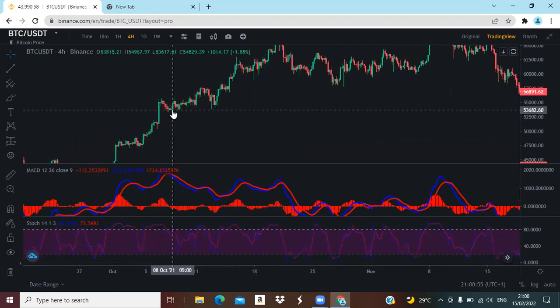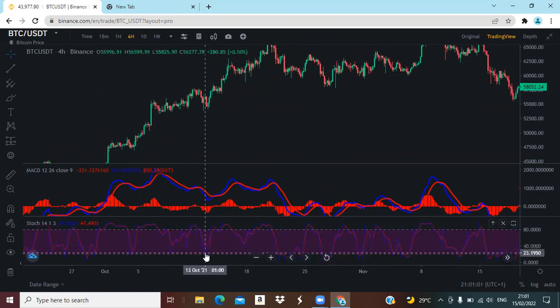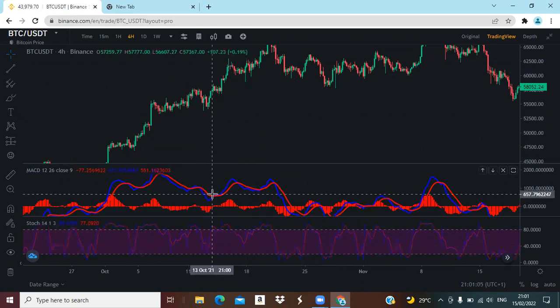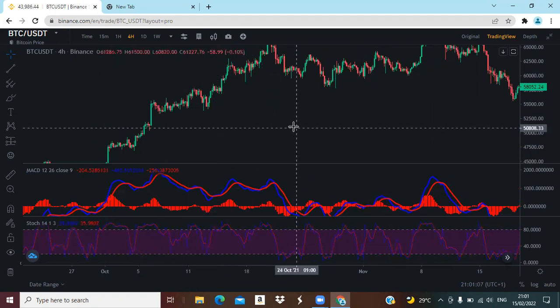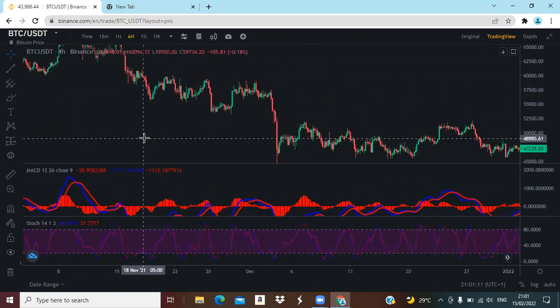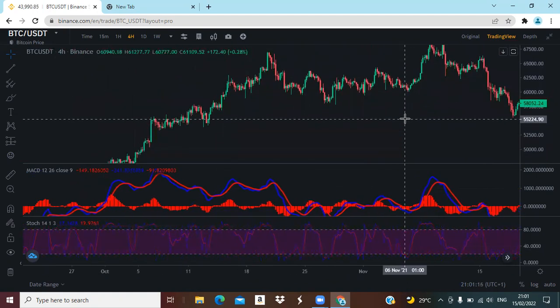So if you go right here, you see the market come back down. Stochastic at oversold condition, market goes up. This one is in an uptrend. This other one I was talking about is in a downtrending market. So in an uptrend, we are looking for two things.